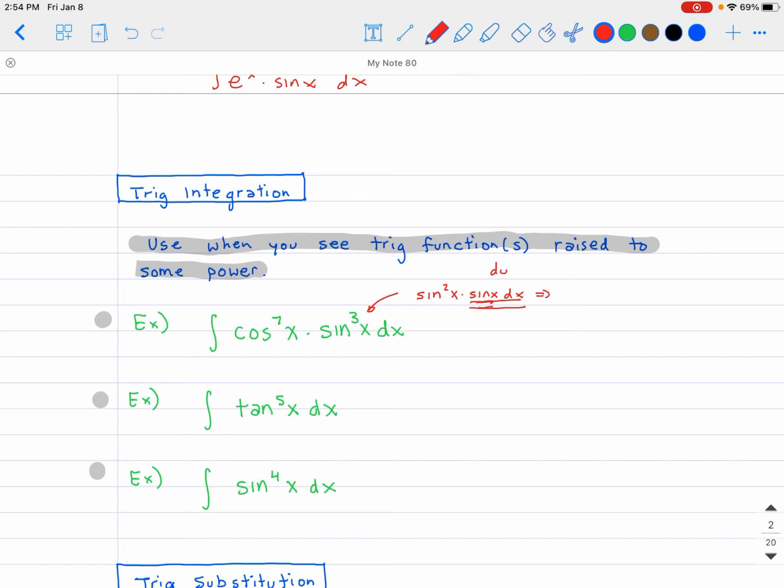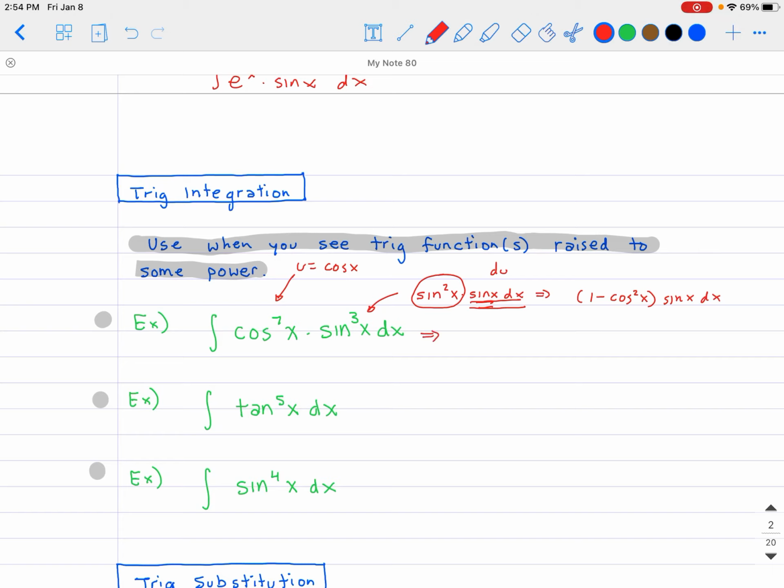So that tells me that u is most likely going to be equal to cosine of x. Now, the question is, what do you do with this sine squared? Well, you change that into a cosine. So that now becomes 1 minus the cosine squared of x, and then we have sine of x dx.